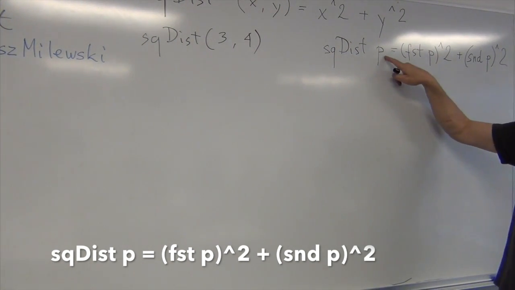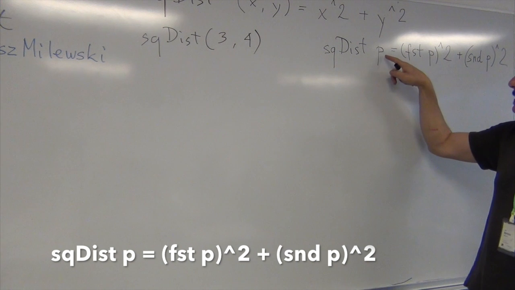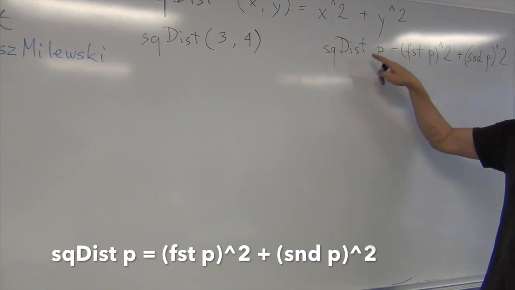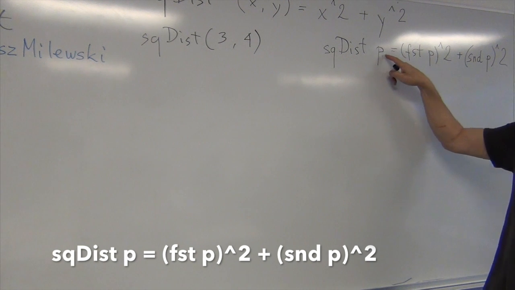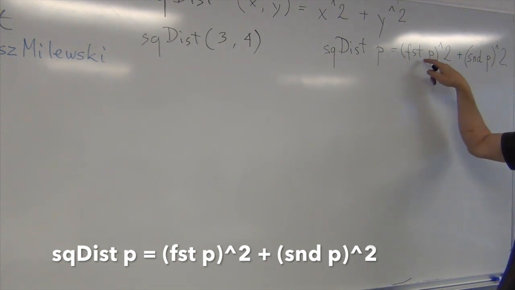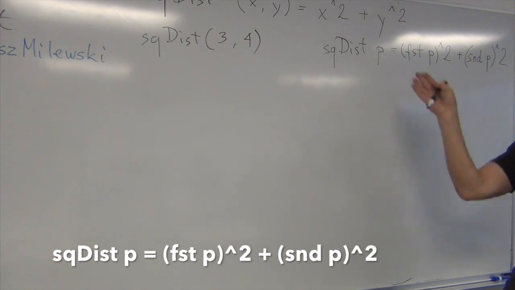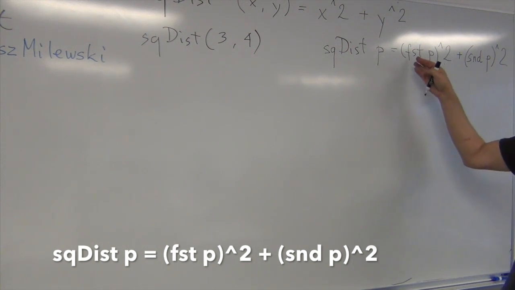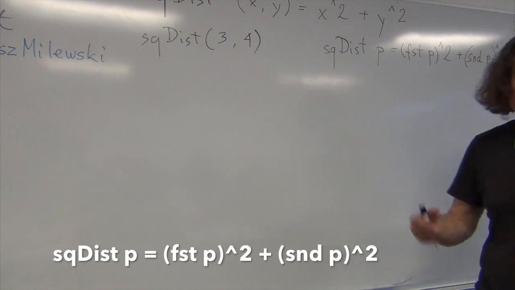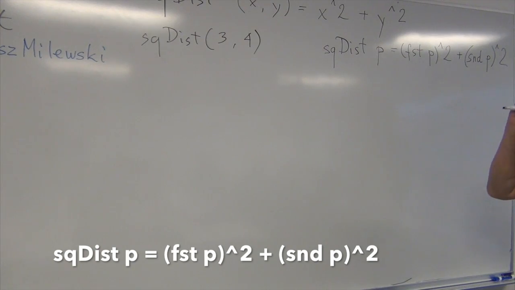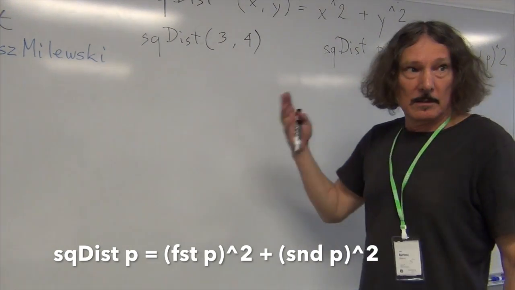Here, I didn't split the pair. I just said this is one argument called P, and I can call the functions first and second on this P. These are called projections, and I can extract stuff. This is all defined in the standard library.